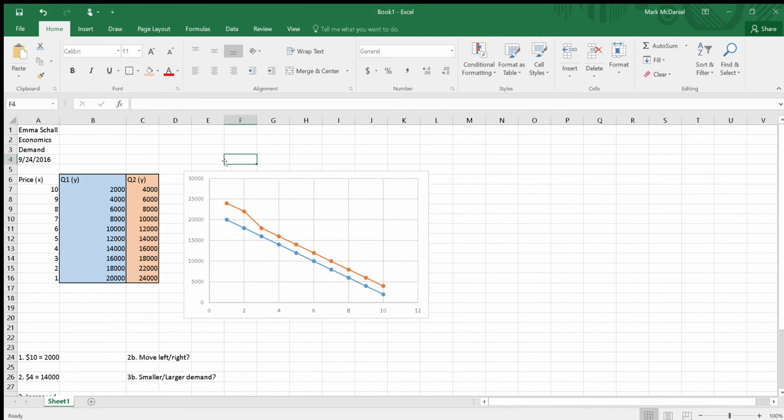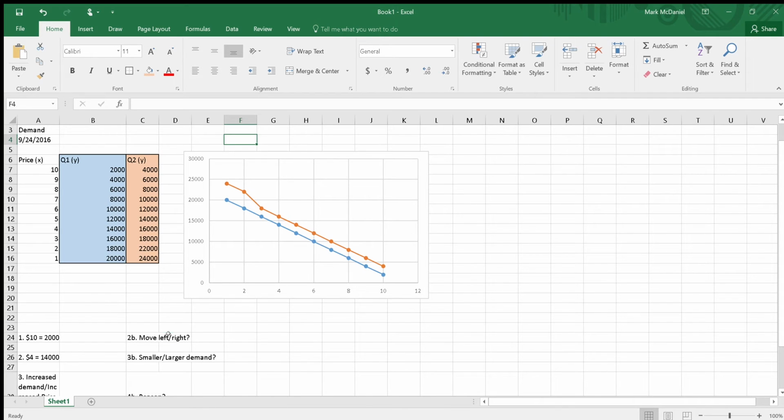We see that the orange line is pretty much parallel with the blue line, and it has been moved over and up just a little bit. Because there are more people, the demand is going to be higher.